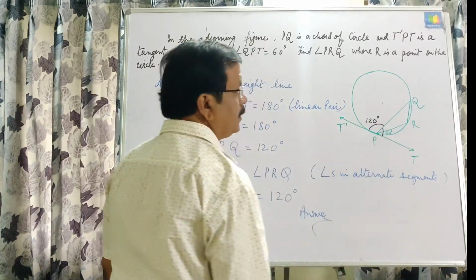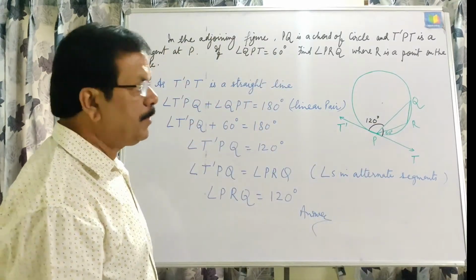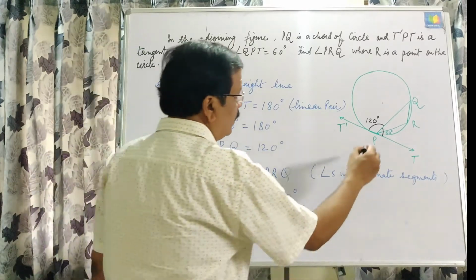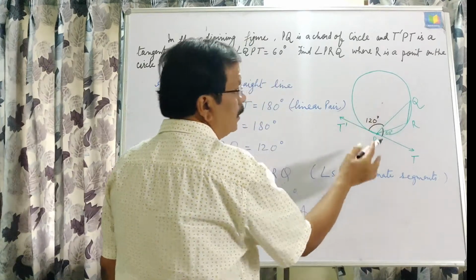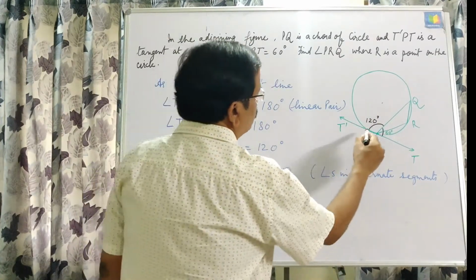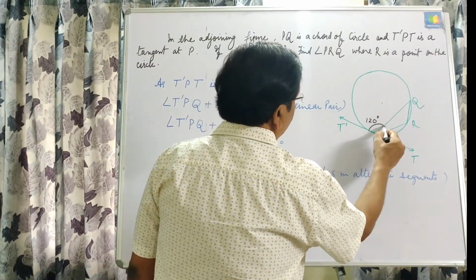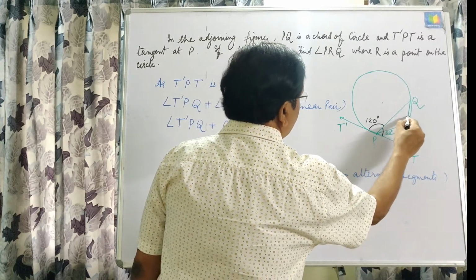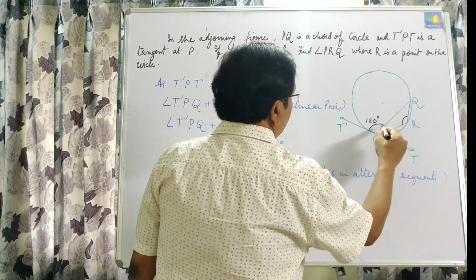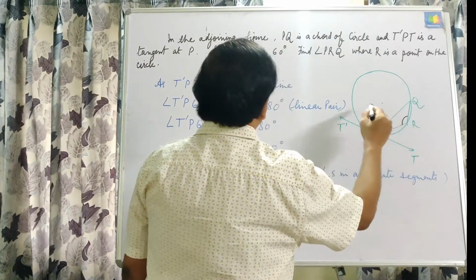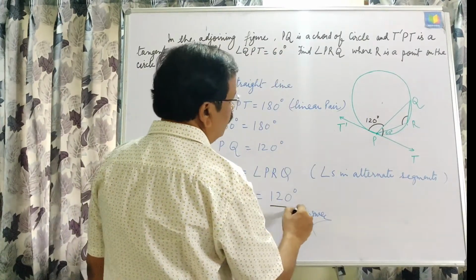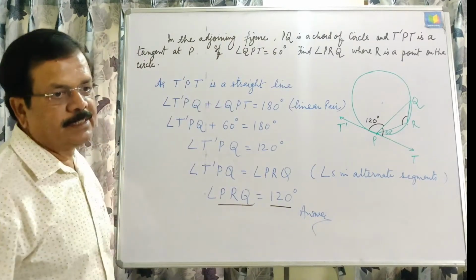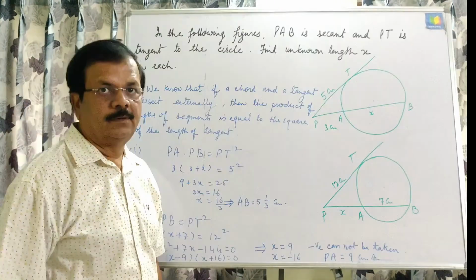We just studied that angles in alternate segments are equal, and that is why if PQ is a chord, then these two segments are alternate segments of one another. So angle 120 degrees will be the same as the angle in this alternate segment, that is angle PRQ, and this is what we have to find out. Angle PRQ is 120 degrees. This is the answer. Now next question.